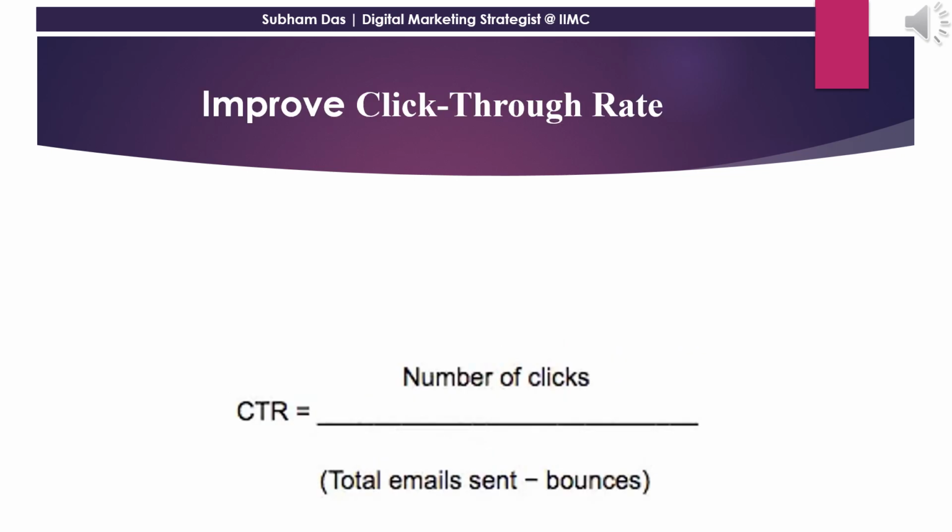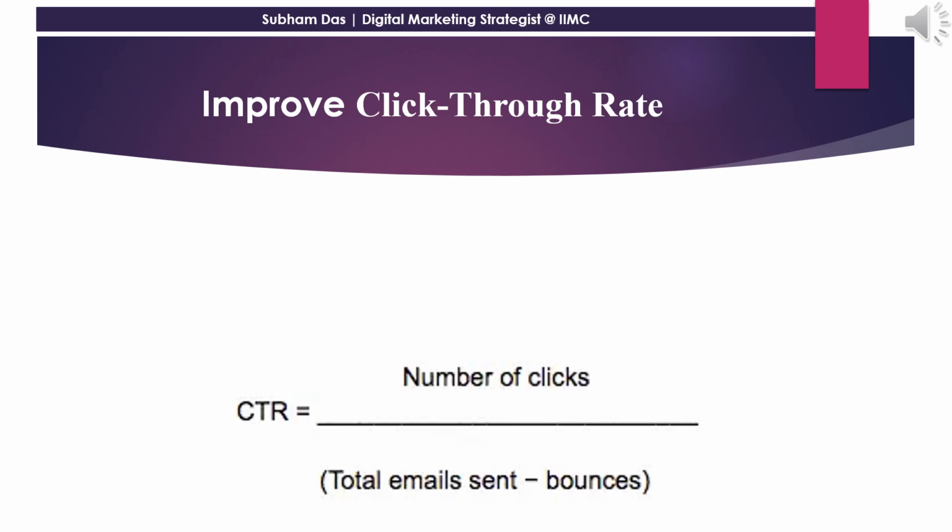Another metric to measure the effectiveness of email marketing is click-through rate. Now, click-through rate is the number of clicks that happen divided by the total successful emails that have been delivered.